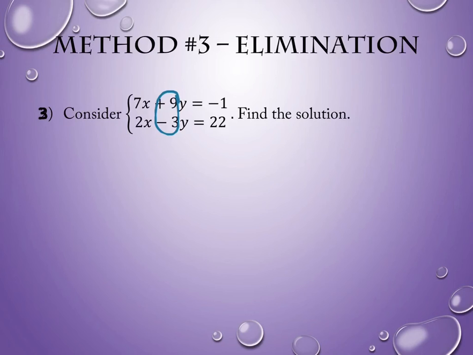What could I multiply by which equation to get these to match? Yeah, if I multiply the bottom equation by 3, I'll get a negative 9y compared to my positive 9y on top, which is exactly what I want. So that's probably your quickest option for elimination on this one: multiply the second equation by 3.